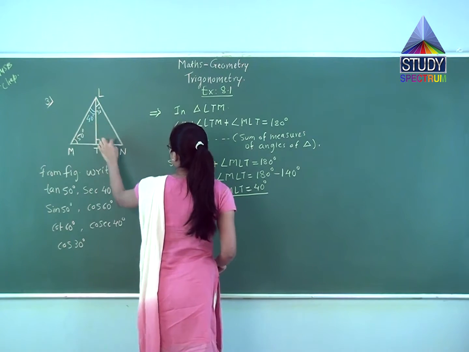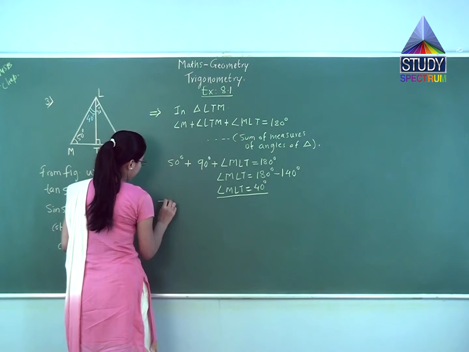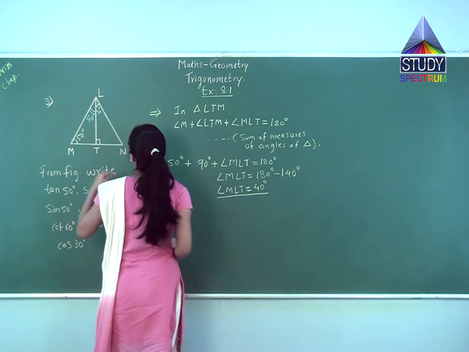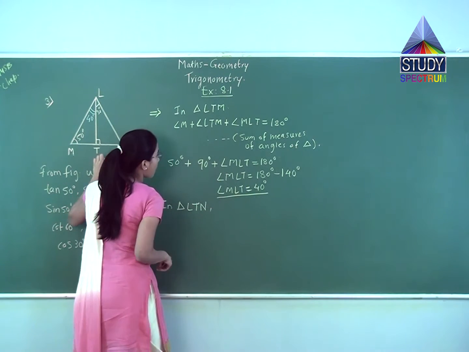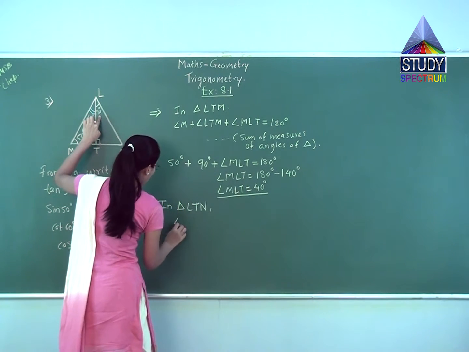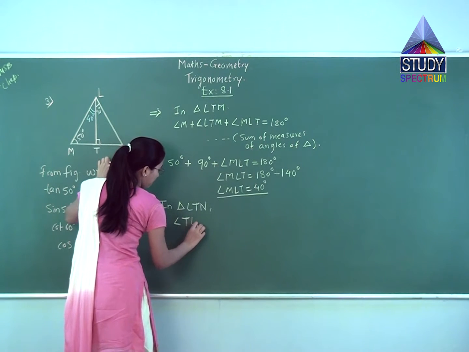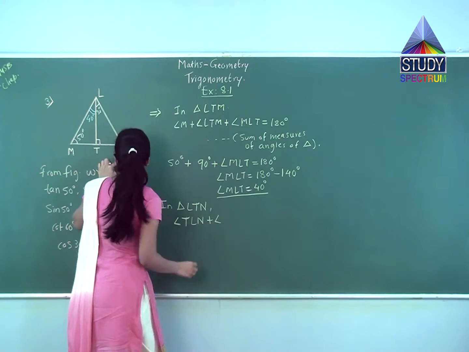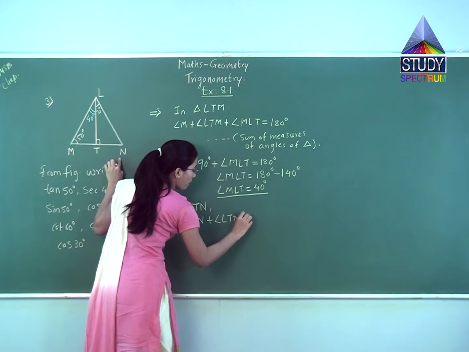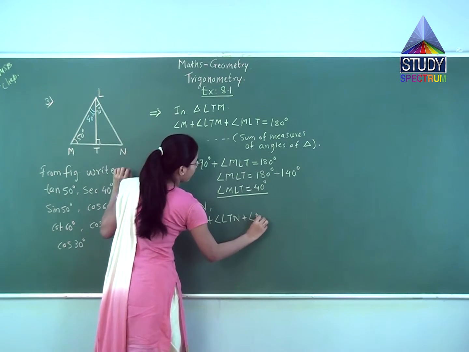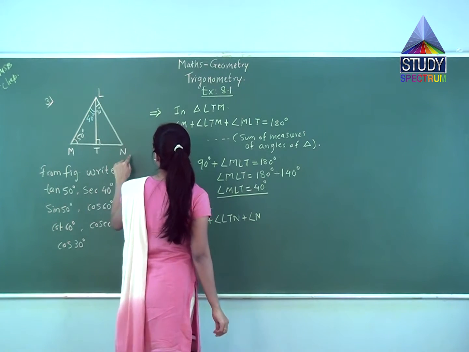Then similarly, we will find angle N here. So now I will take the second triangle. So in triangle LTN, we will write angle TLN plus angle LTN and angle N. If you want, you can write the three-letter name, meaning angle LNT.